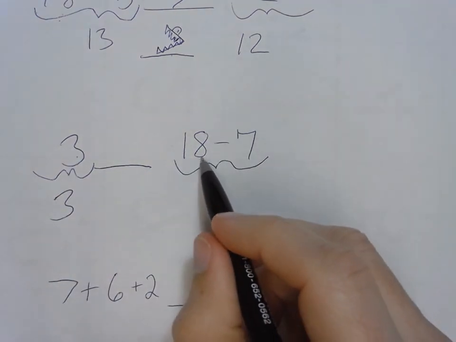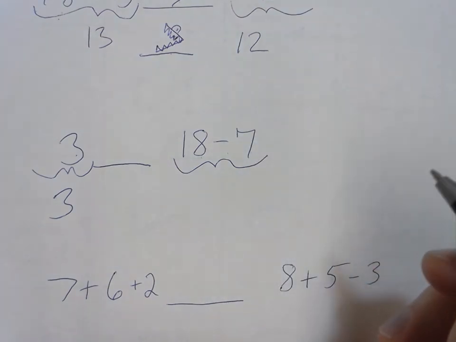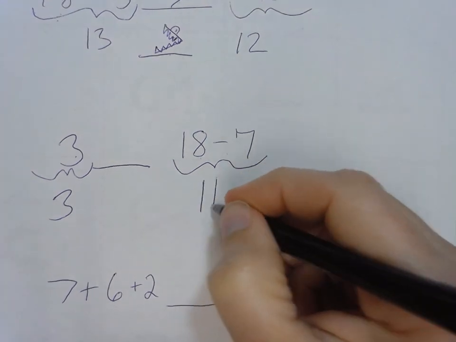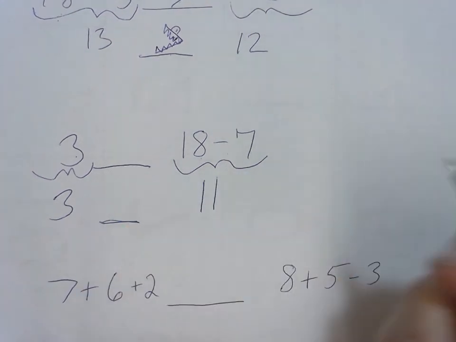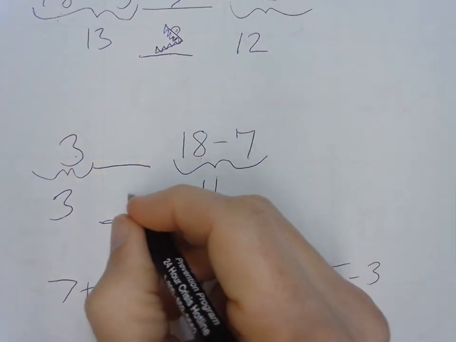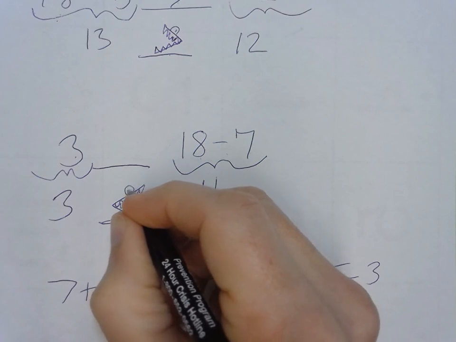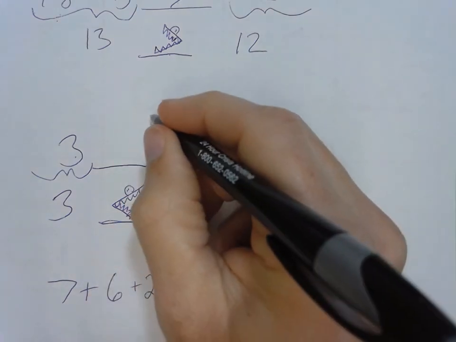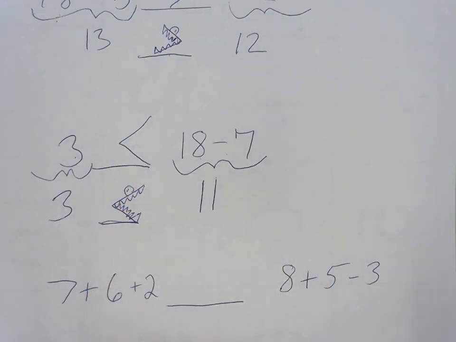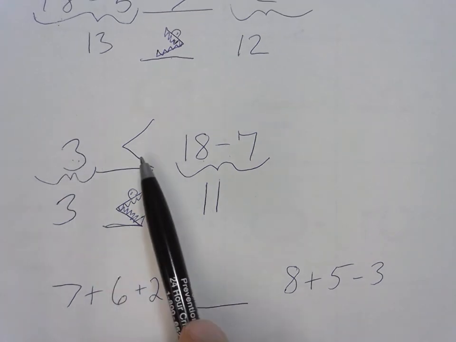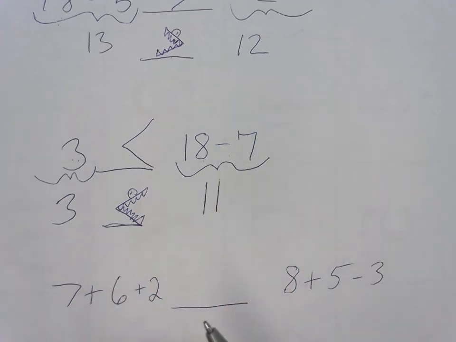This side over here, 18 minus 7, that is going to equal 11. And I can put down my alligator here. Since 11 is larger than 3, I put down the alligator that will eat the 11. And I can put that back in my original problem. So this says 3 is less than 18 minus 7.